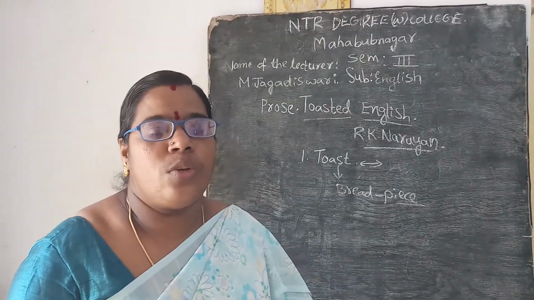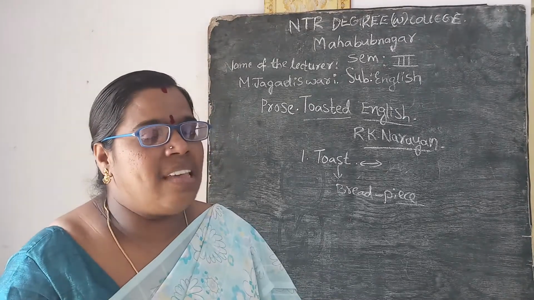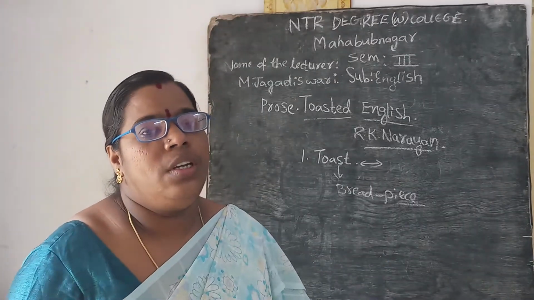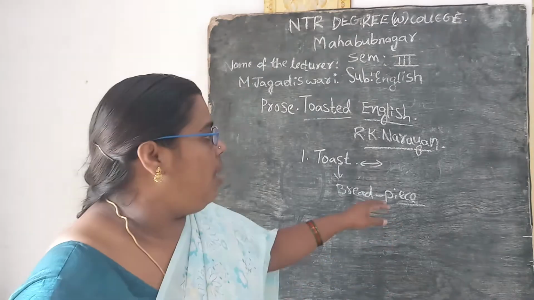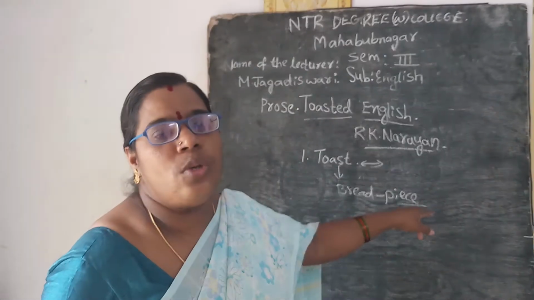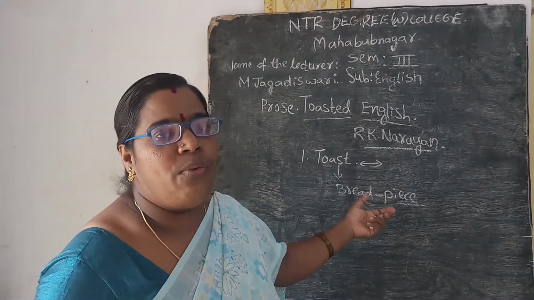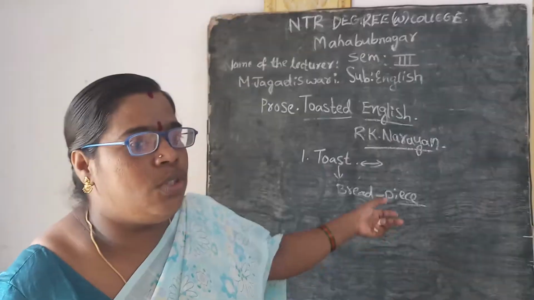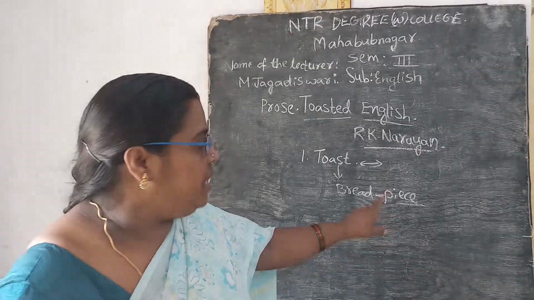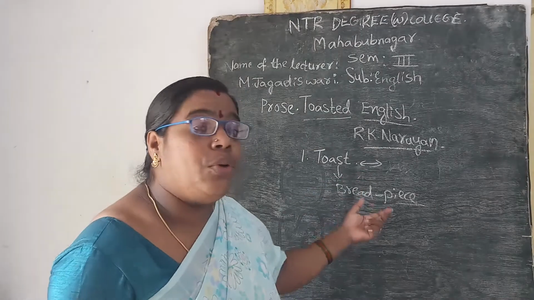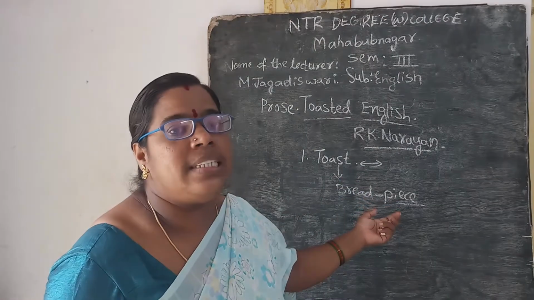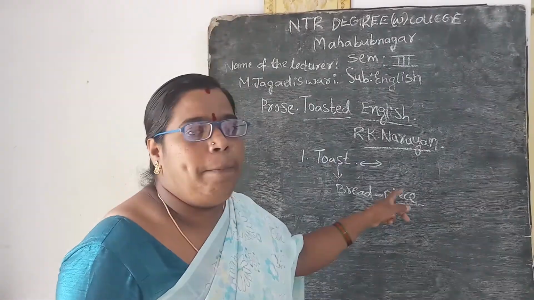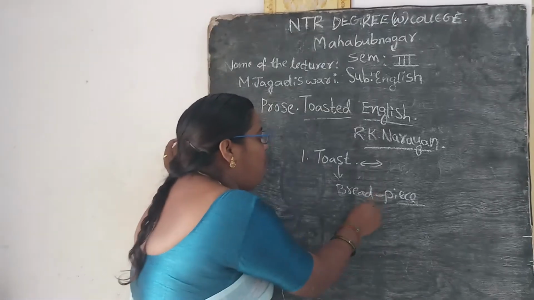You can see a slice of bread is toasted on the frying pan. The word toast is introduced when this bread piece or slice of bread comes into your example.